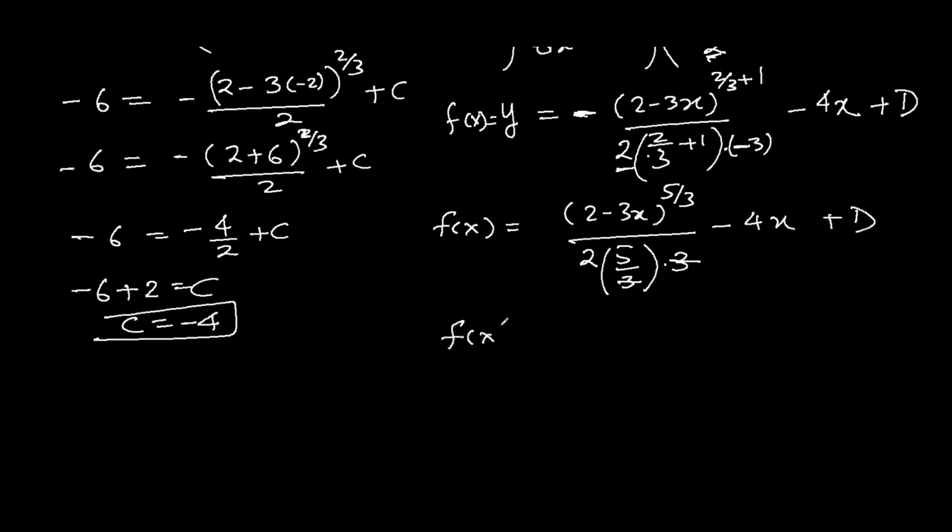So f(x) equal to 2 minus 3x to the power 5/3 over 10 plus minus 4x plus d.